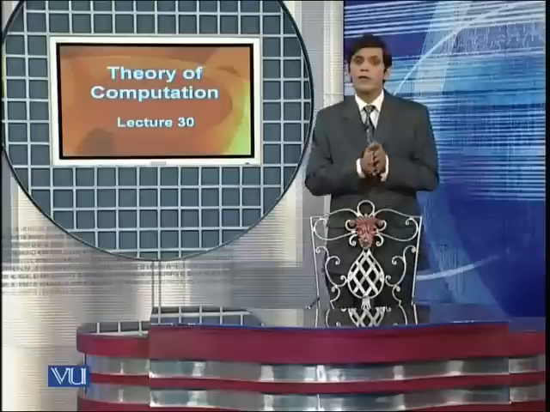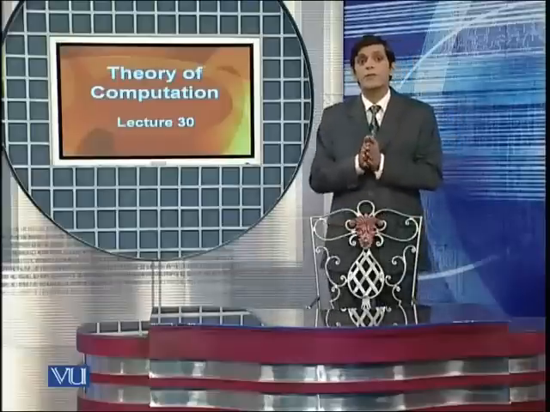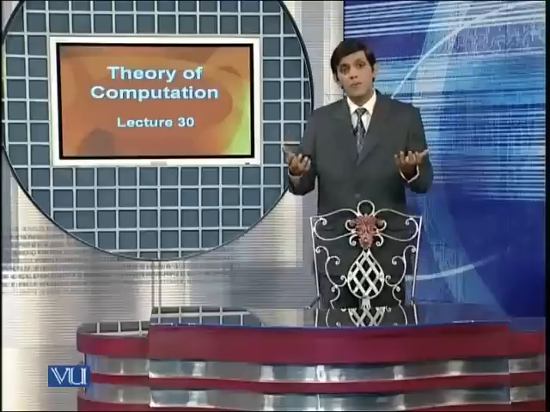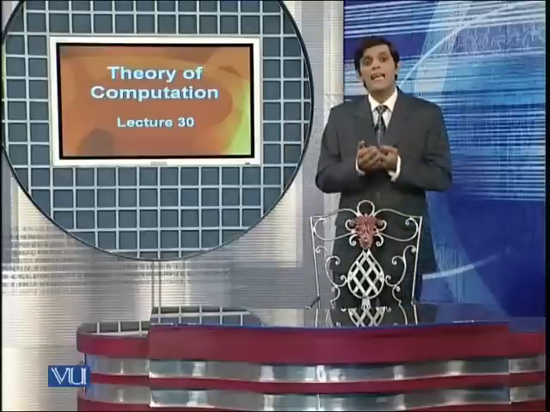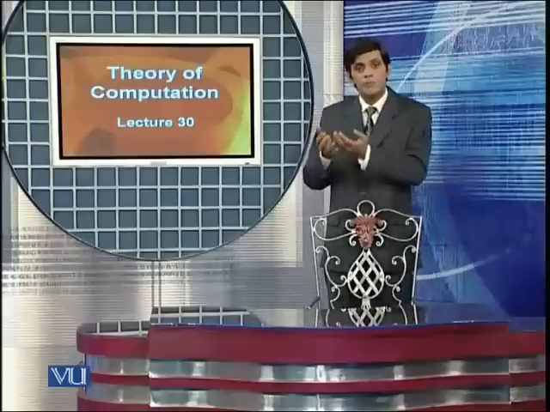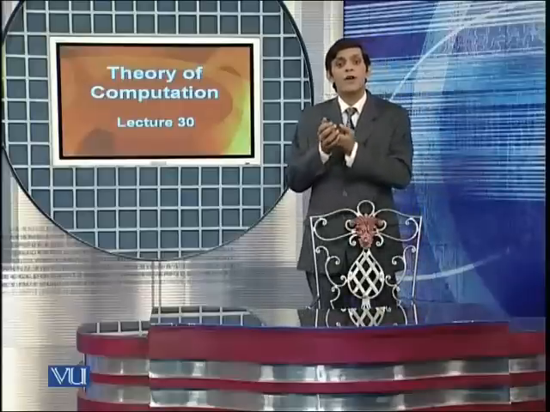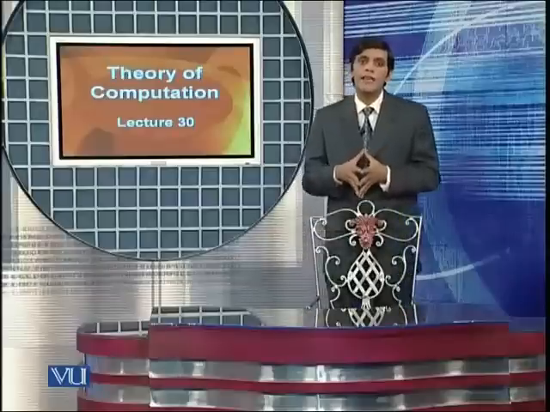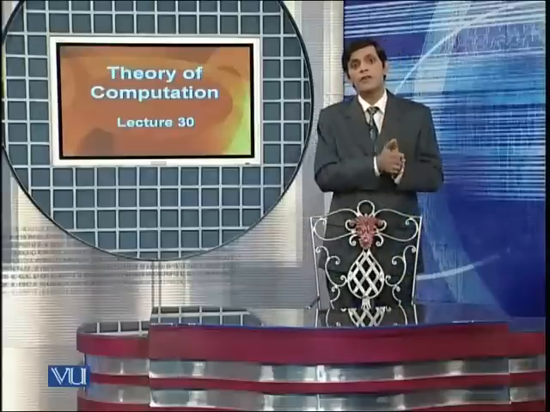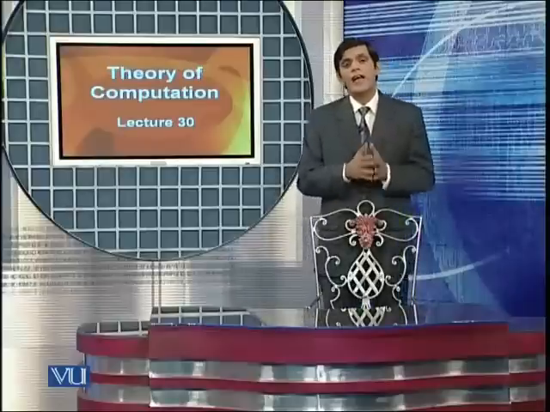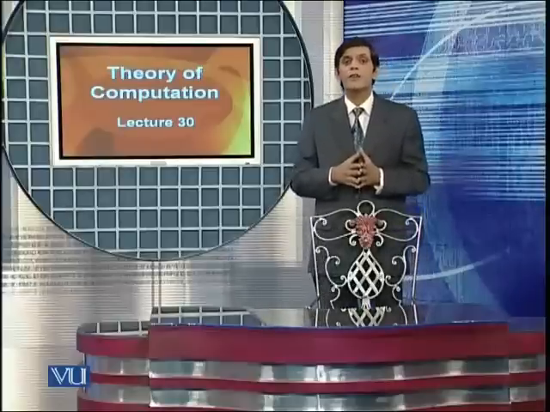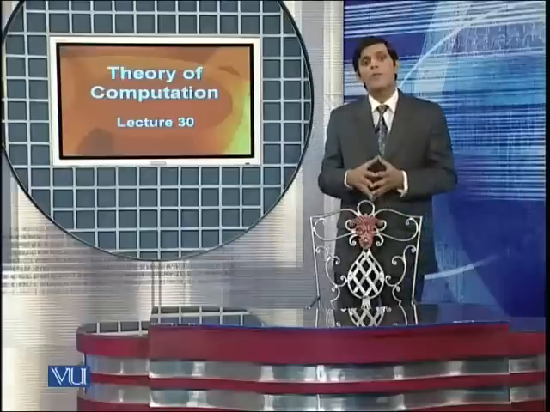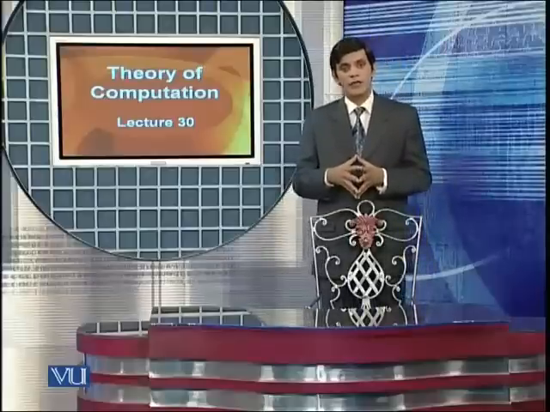And we showed that 3SAT was reducible to the independent set problem. What that did was it put the independent set problem in the class NP-complete. It proved that the independent set problem was NP-complete. We already knew from the Cook-Levin theorem that the independent set problem is reducible to 3SAT, and to SAT. So these three problems are polynomial time equivalent to each other.